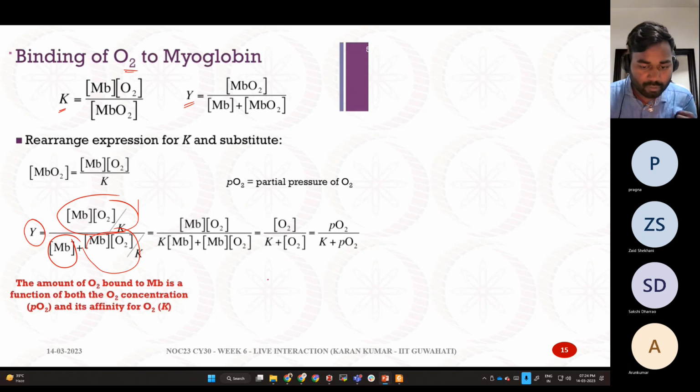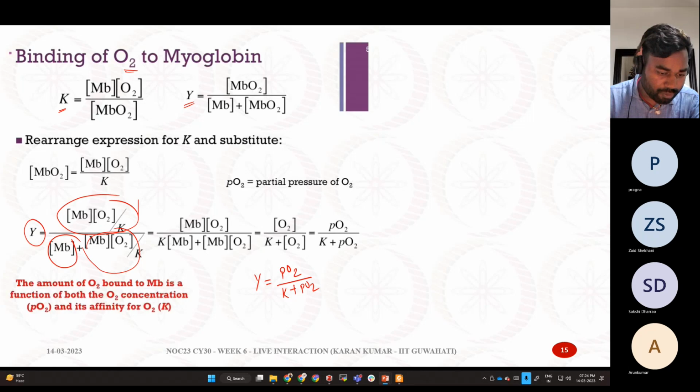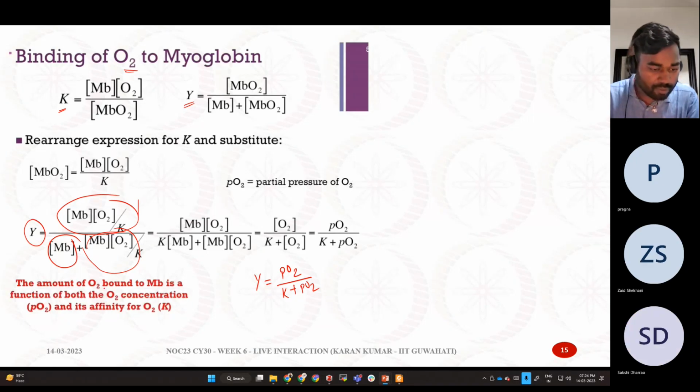So Y will be the partial pressure of oxygen divided by KD plus partial pressure of oxygen. Using this equation, you can solve the question I had given earlier. The amount of O2 bound to myoglobin is a function of both oxygen concentration and the affinity of oxygen to myoglobin.